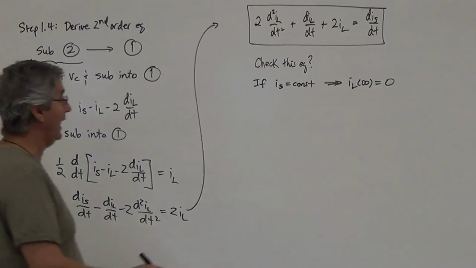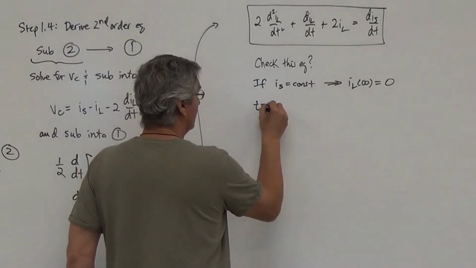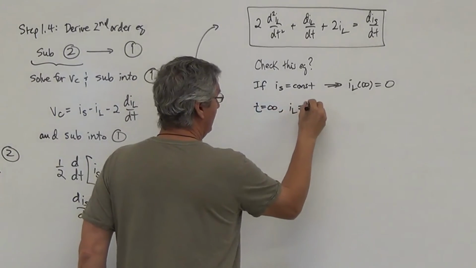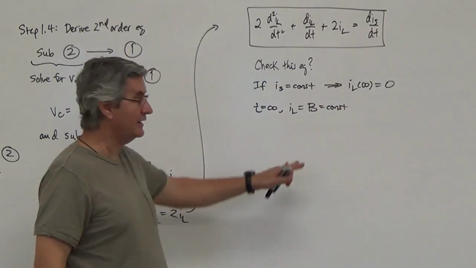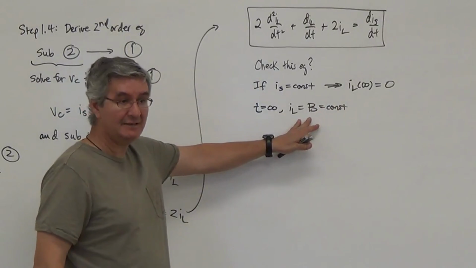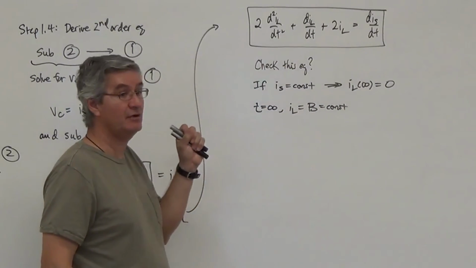Well, at t equal to infinity, IL will go to a constant. So I'm now going to take this constant term and substitute it into my equation.